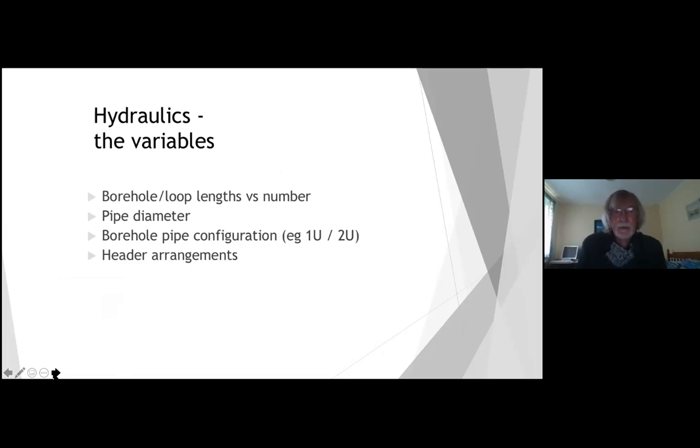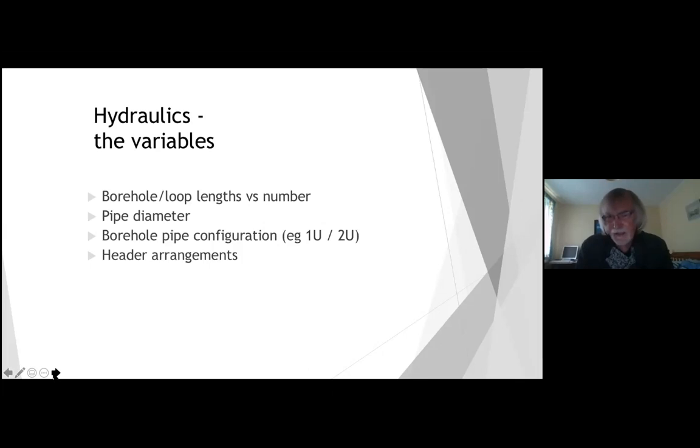Now, the variables that you've got to play with are, you have already done your design that's given you your total meterage. So what Chris took you through will have given you your total meterage of borehole or trench loop or whatever you're using in a closed loop system. You then have got the possibility of playing with the number of boreholes, the number of loops and their length.